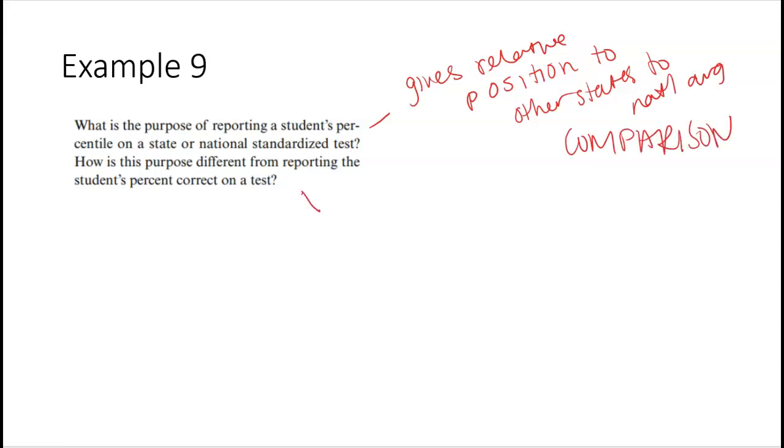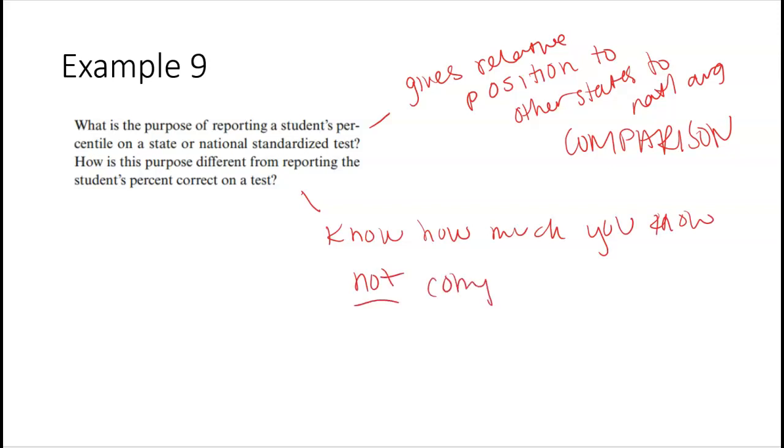And then percent correct will let you know how much you know. This will let you know how you did, but it is not a comparison to others. It's only for your score.